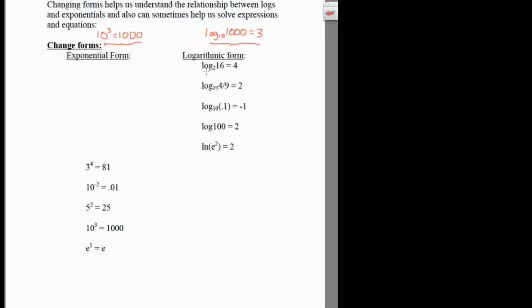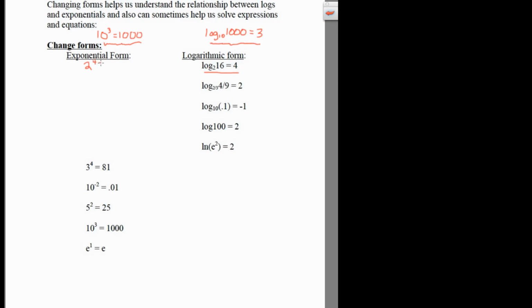So if I have log base 2 of 16 equals 4, and I'm trying to change forms, I know that the 10 goes here, so that means that the 2 goes here, and the next number would be where the 3 is. Well, the 3 is on the other side of the equal sign, so I take the 4.